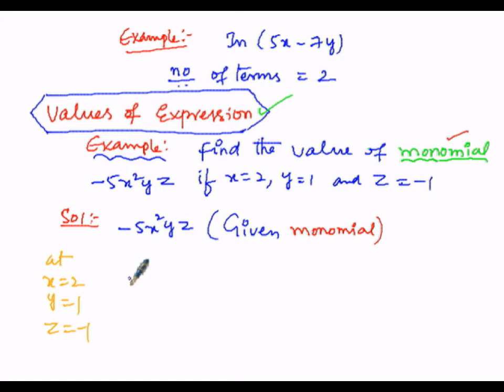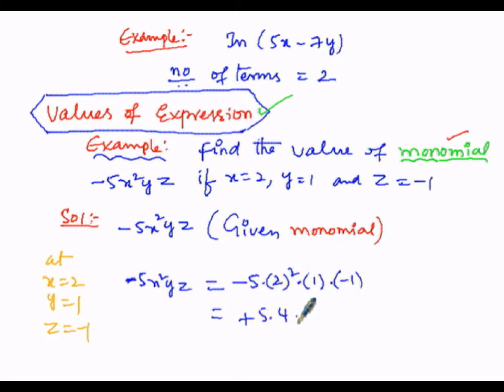Then the value of minus 5x square yz is minus 5 written as it is, into x square, x is 2, that is 2 whole square, into y replaced by 1, and z replaced by minus 1. So minus of minus will be plus. Then 5 written as it is into 2 square, that is 4, into 1 is 1.